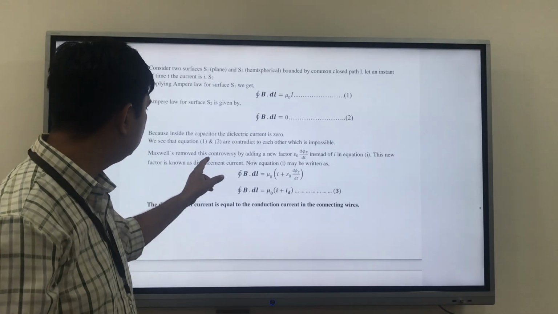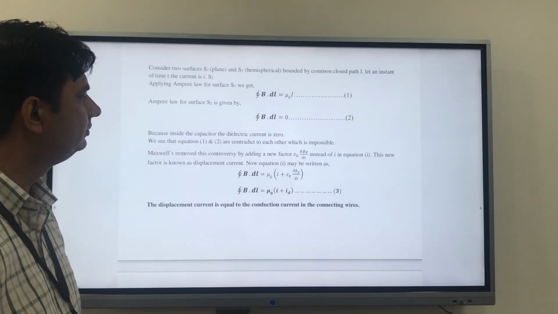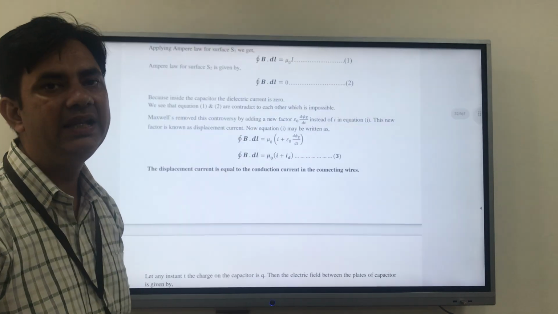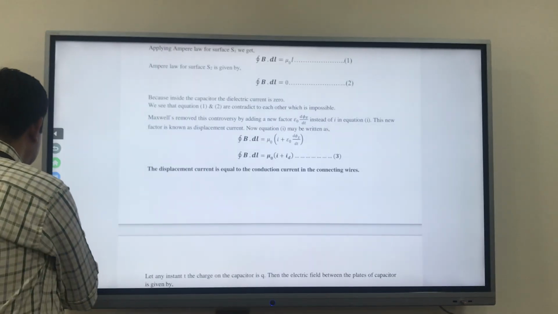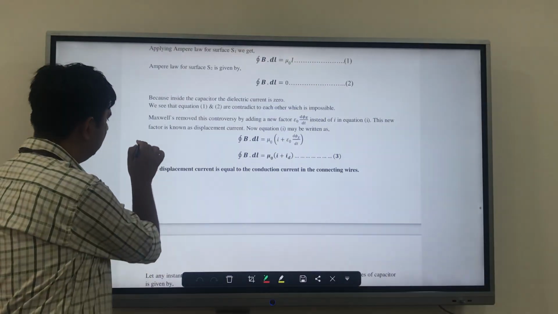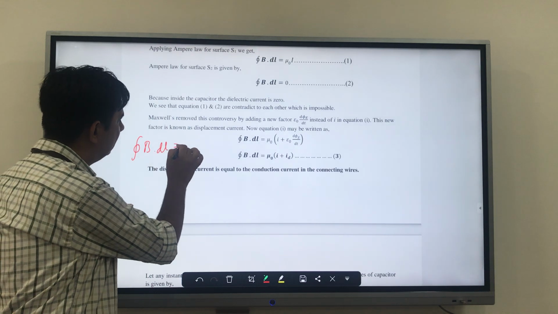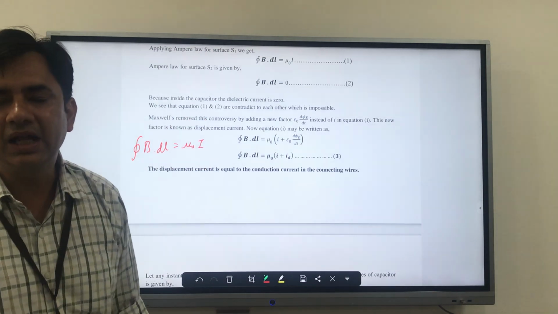So Maxwell removed this controversy by adding a new factor, mu naught epsilon naught d phi E by dt. What he said was, instead of B dot dl equal to mu naught I, I don't agree with that.